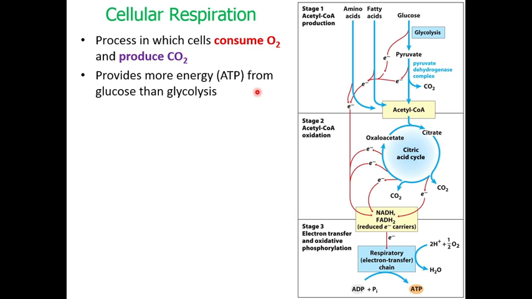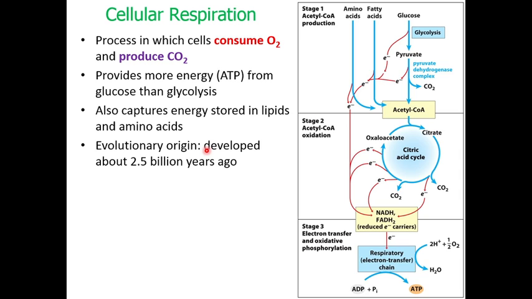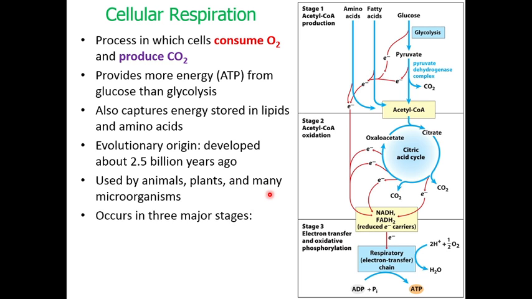This process provides more energy from glucose than glycolysis itself. It also captures energy stored in lipids and amino acids. Its evolutionary origin was about 2.5 billion years ago. It is used by animals, plants, and many microorganisms and occurs in three major stages.